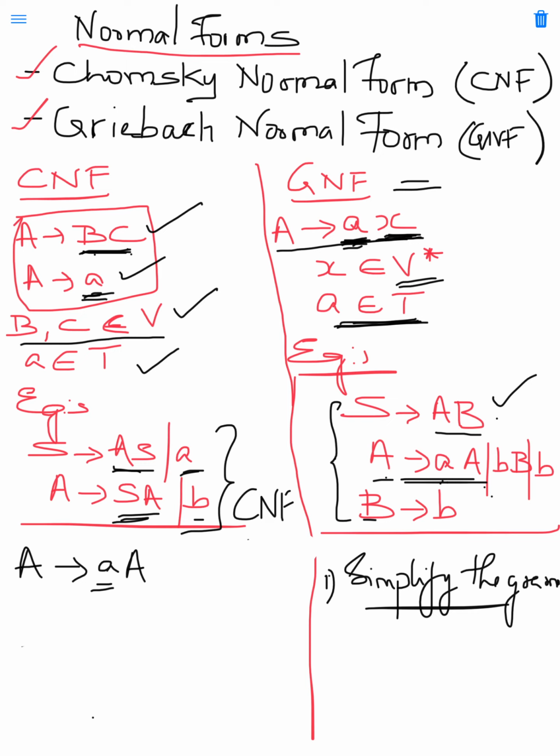So in order to make it into Chomsky normal form, you need to replace that terminal with a non-terminal symbol. Insert a new non-terminal and modify the production as A gives CA A, where CA gives a.